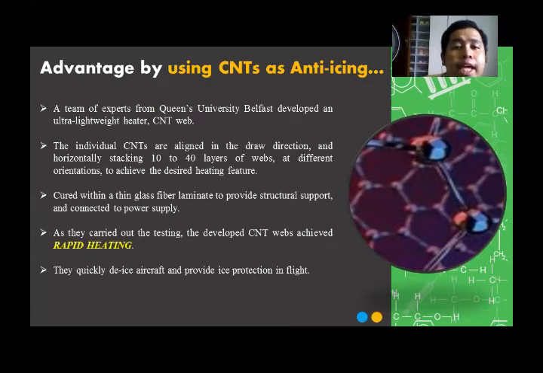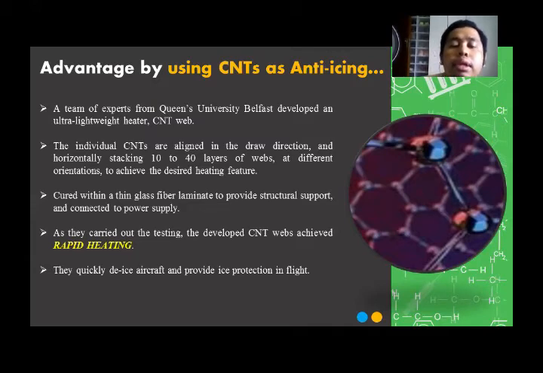So a team of experts from Queen's University Belfast developed an ultralight heater, which is a CNT web. So how is it made? The individual CNTs are aligned in the draw direction and horizontally stacked in 10 to 40 layers of webs at different orientations to achieve the desired heating features.